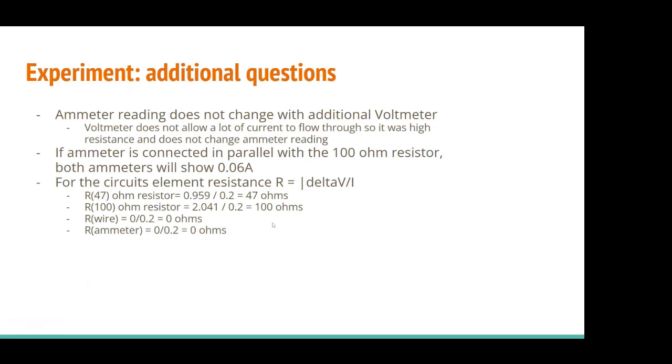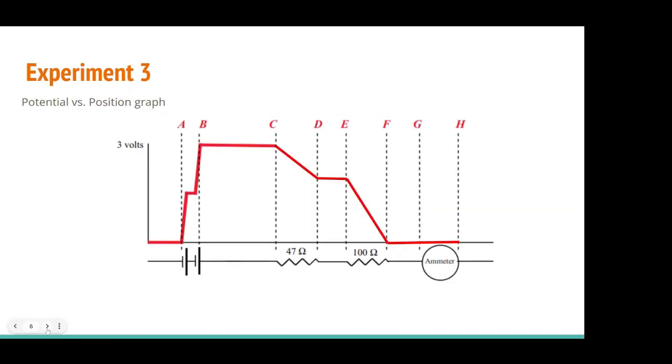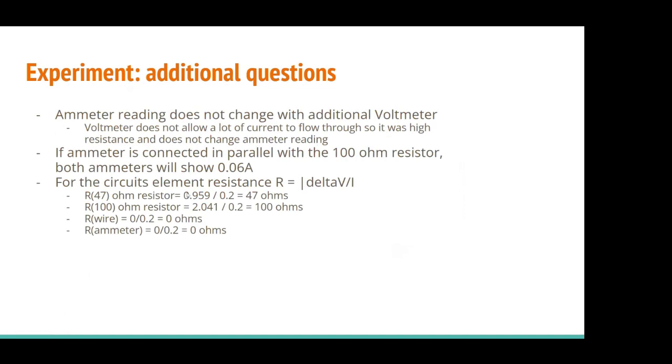For the circuit elements' resistance, we calculate that using the previous equation, Ohm's law, right here, and we use that to find how many ohms the resistor was, which was true.